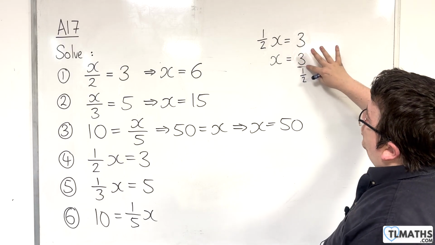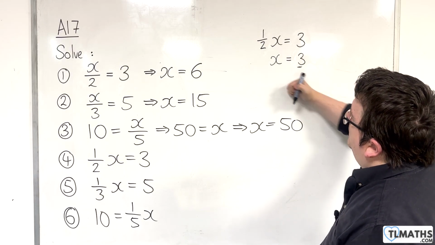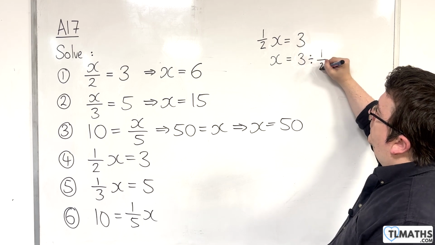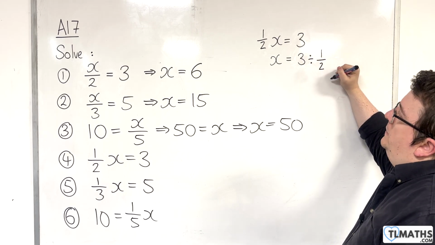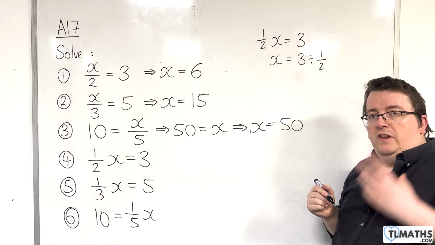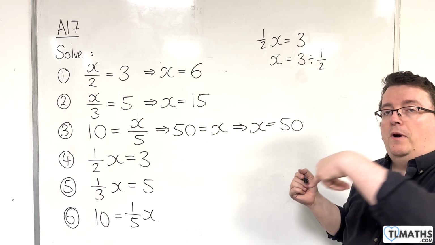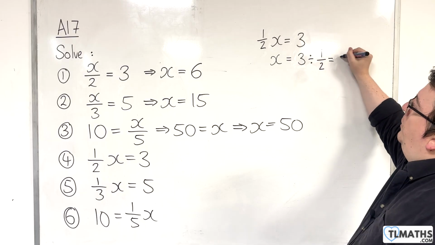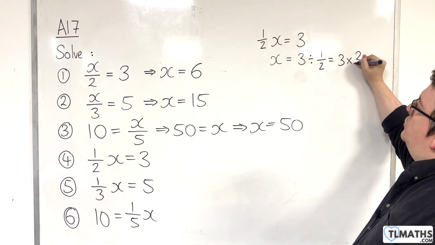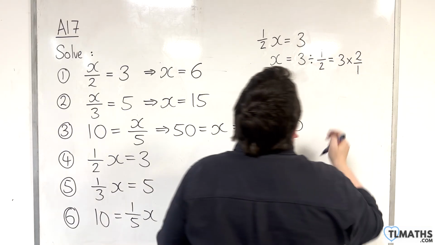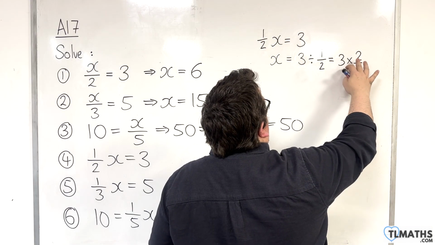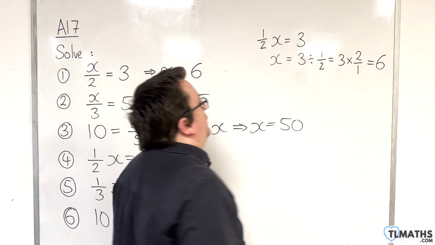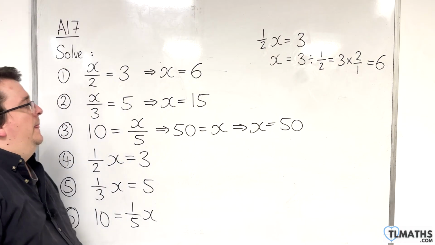Or you could write it as 3 divided by 1/2, like that. Now you may remember back to the number work, if you divide by a fraction, that's the same as multiplying by the reciprocal. So 3 times 2 is 6, divided by 1 is 6. And so the answer is 6.